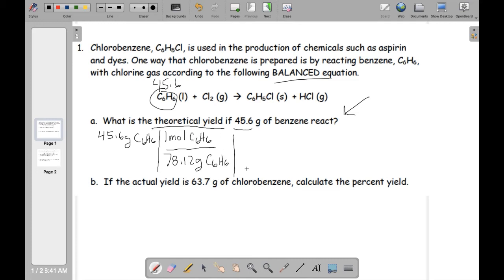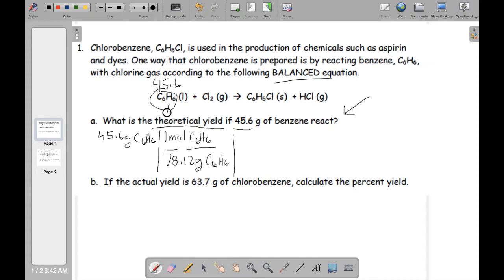Now let's build our mole ratio right here. So I'm going from benzene, and it's asking me how much chlorobenzene do I get. Sometimes you have to read these things closely to kind of figure it out.